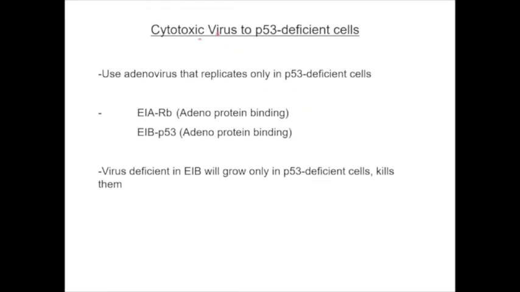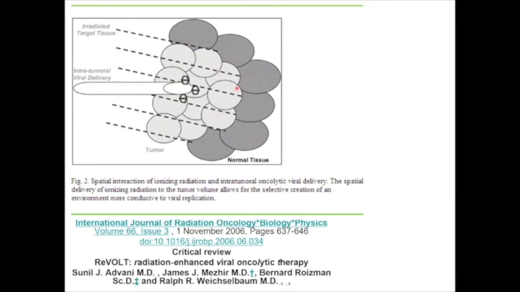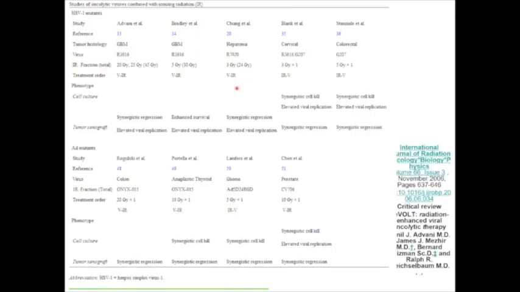There was effort using cytolytic viruses for P53 specifically. The virus would grow only in P53 deficient cells and kill them. This was not very effective either. Here are some constructs that have been attempted, showing that concept of radiation induction.